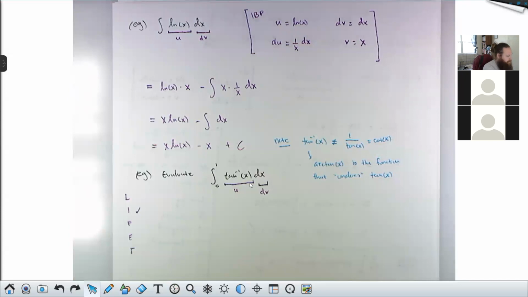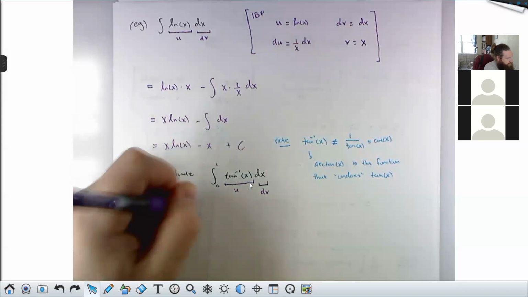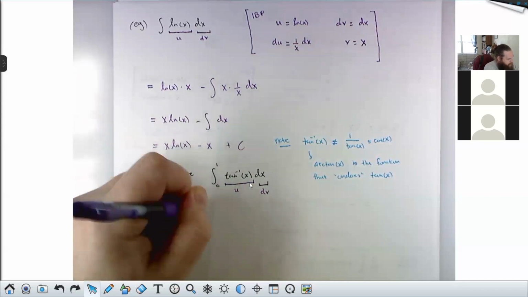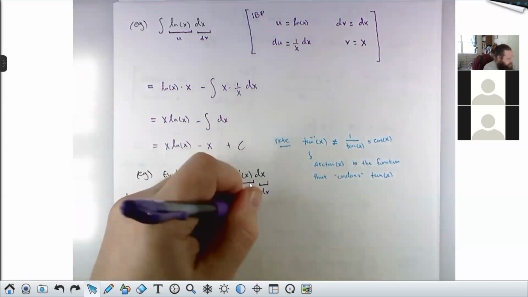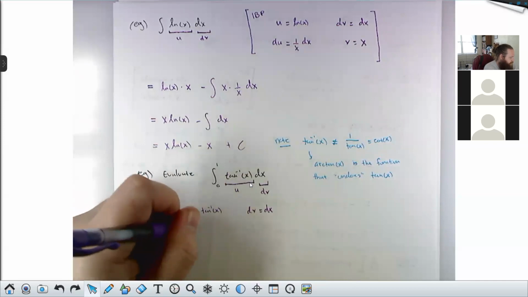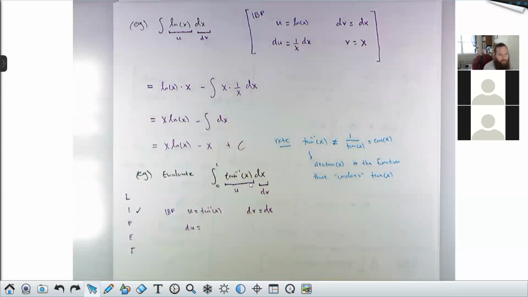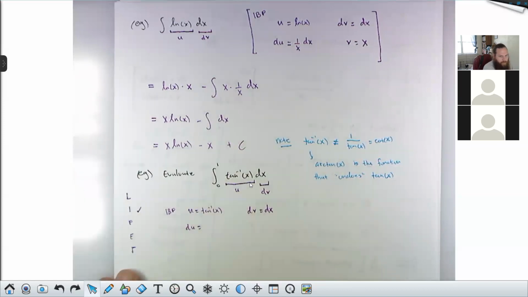And then I fill out my little table. u is the inverse tangent of x. dv is just dx. Now from u, I calculate du. What is the derivative of the inverse tangent function?